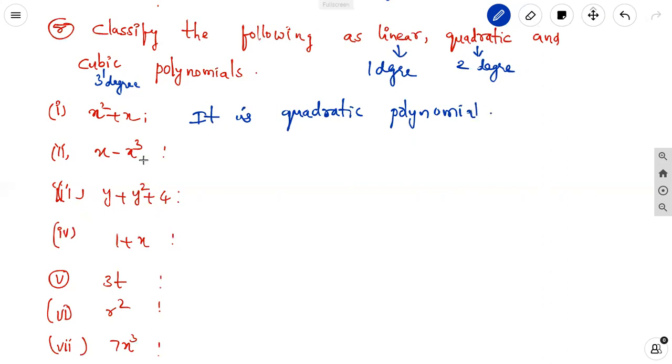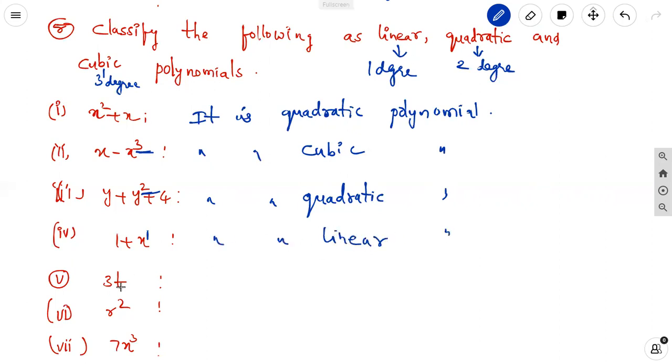Here x square minus x cube, the highest degree is 3, so it is a cubic polynomial. Here y plus y square plus 4, highest degree is 2, so it is a quadratic polynomial. Here 1 plus x, that is x power 1, so it is a linear polynomial. 3t, t is a variable with degree 1, so it is also a linear polynomial.